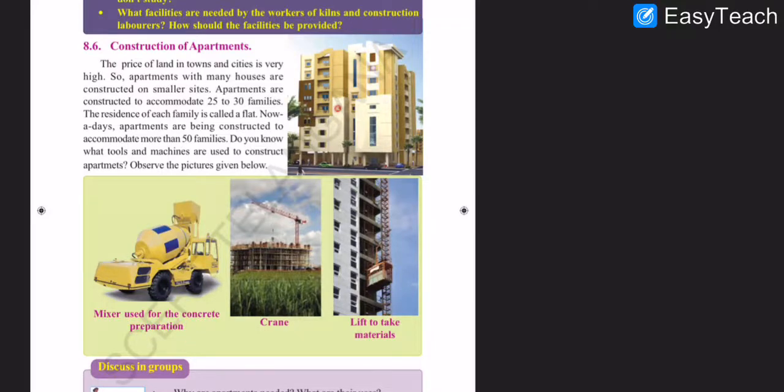And here you can see a crane used for building this type of apartments. And here in this picture you can see a lift to take materials. You can see the lift which is being used to take materials.